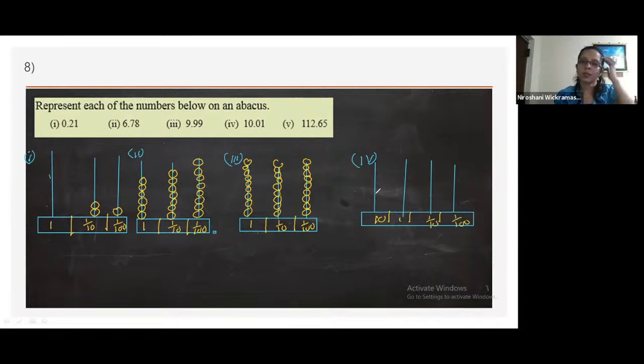So you can represent here tens place 1, unit place no number, and the 1/10th here 1. So this is 0.21, 6.78, 9.99, 10.01.